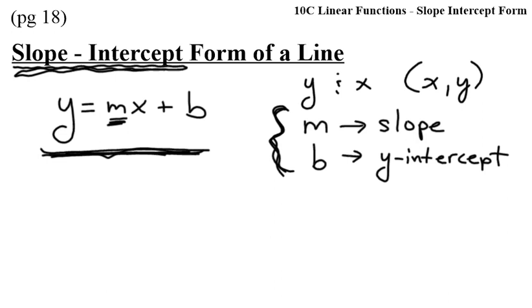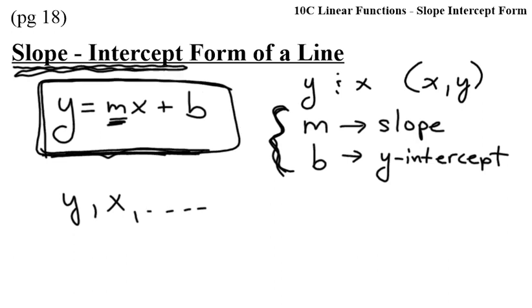Now, with that being said, an equation can be given in all kinds of different forms with y values, x values, and other values. But we want it in this form where y is isolated. That's essential.